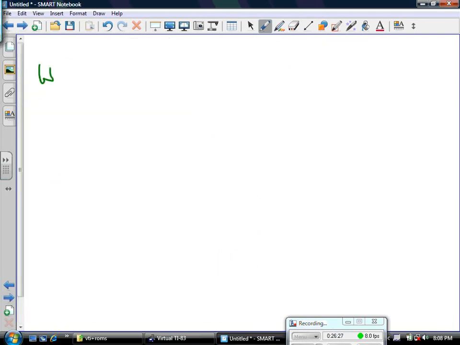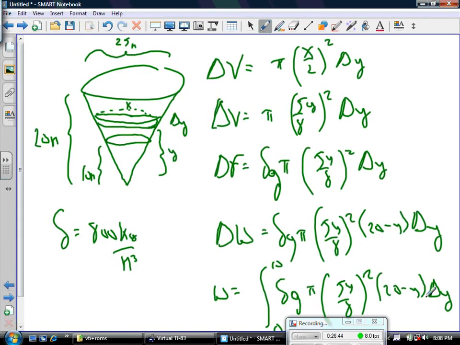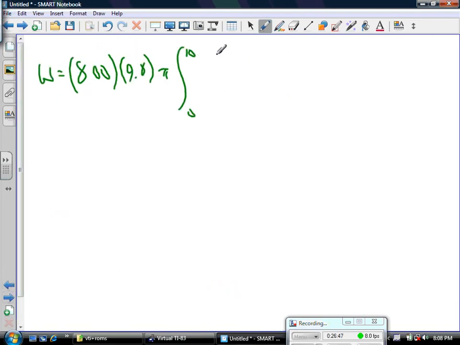W is the density, 800 kilograms per cubic meter, times 9.8 meters per second squared, times pi, the integral from 0 to 10 of, what was it now? 5y over 8 squared times 20 minus y. 5y over 8 squared, well, isn't that 25y squared over 64 times 20 minus y dy. That's the integral you have to do to figure out the total amount of work done to pump all the oil out. Okay? So the 25/64 can come out too if you want.